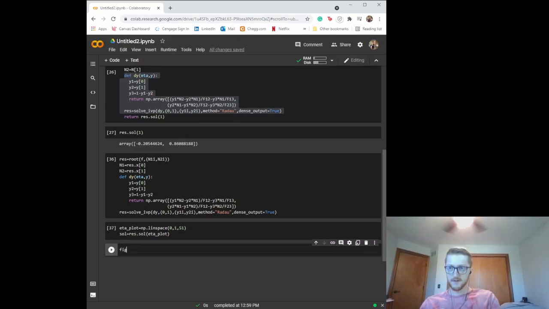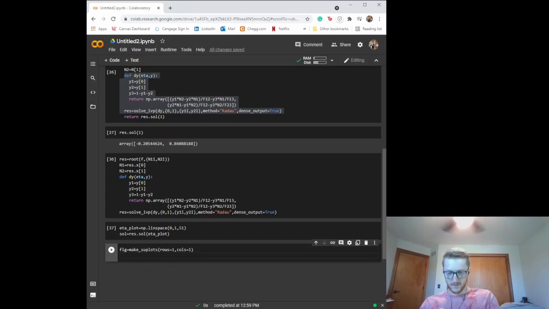So we're going to create a figure, and that's equal to make_subplots, and it wants you to define the number of rows and columns, which we want 1 row and 1 column.